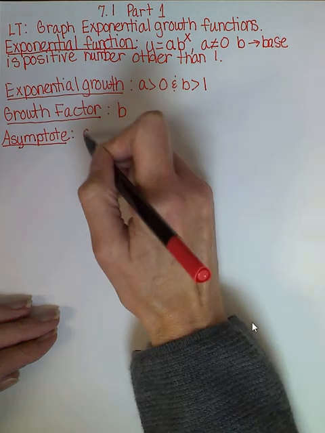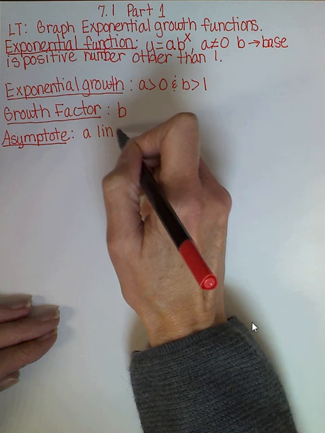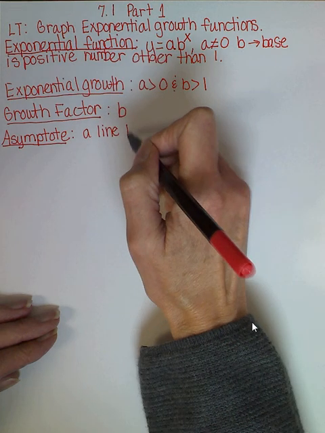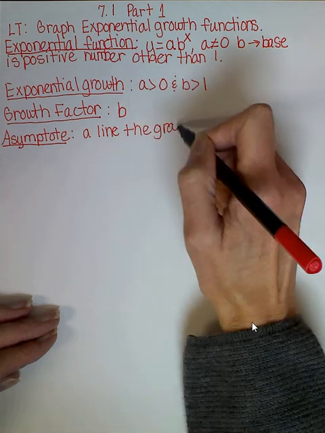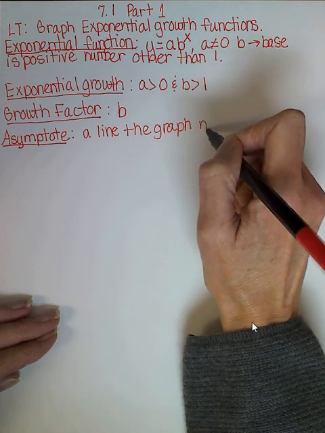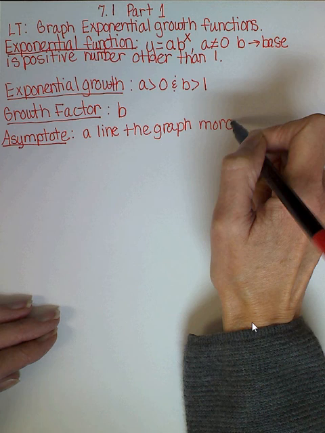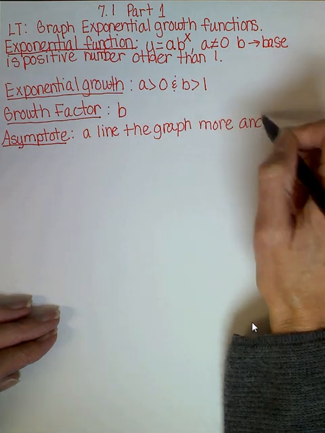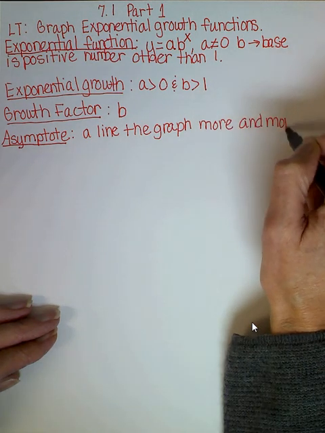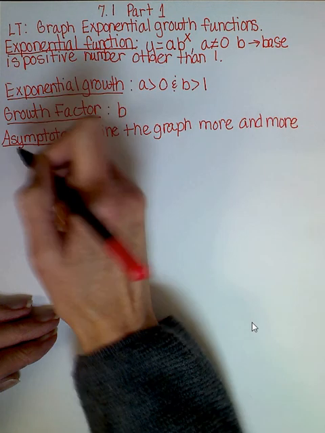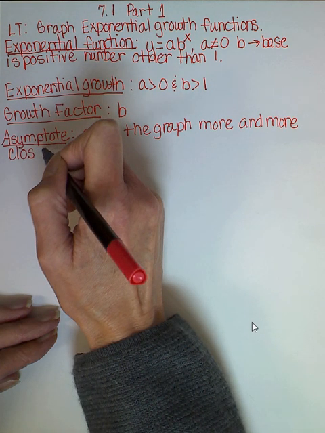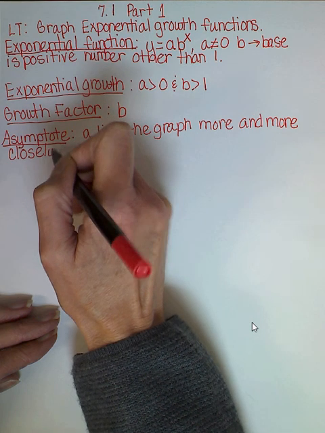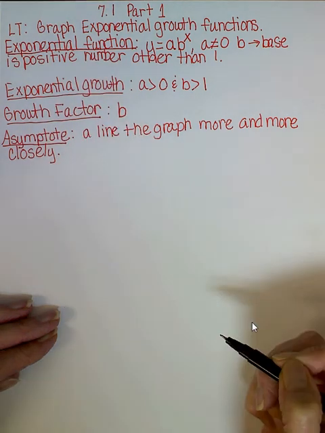And this is a line the graph approaches more and more closely. In our case, for exponential graphs, it's not going to cross the asymptote. So it gets really close to it, but doesn't cross it.